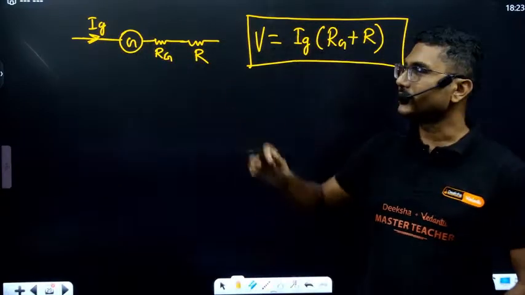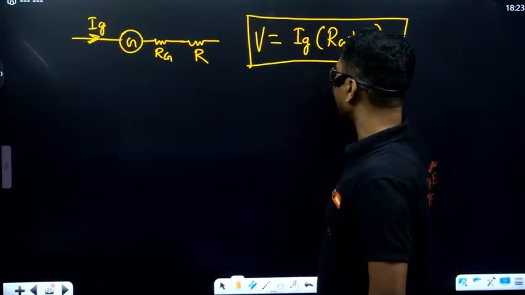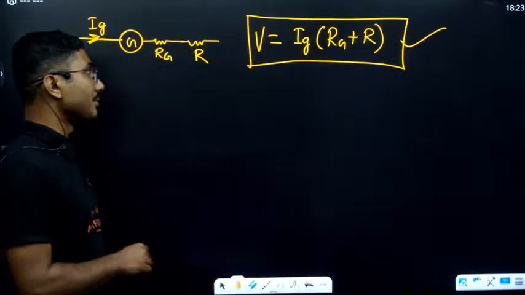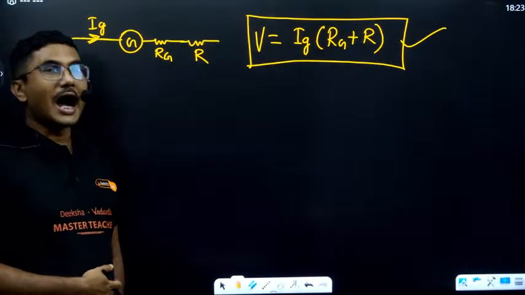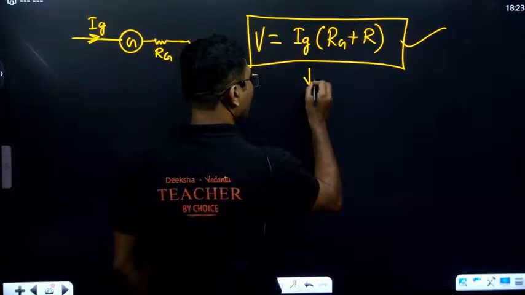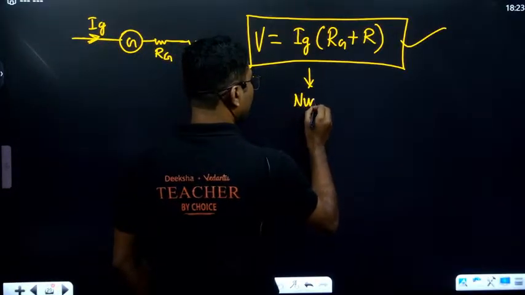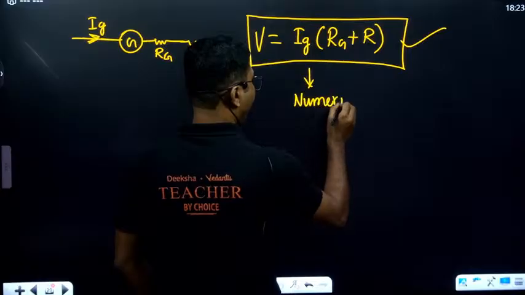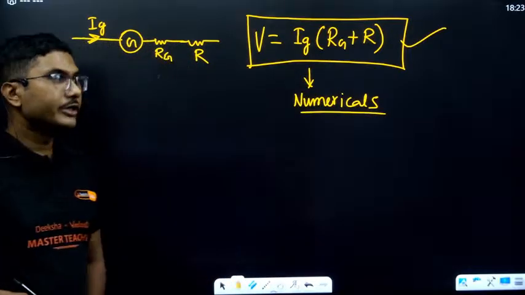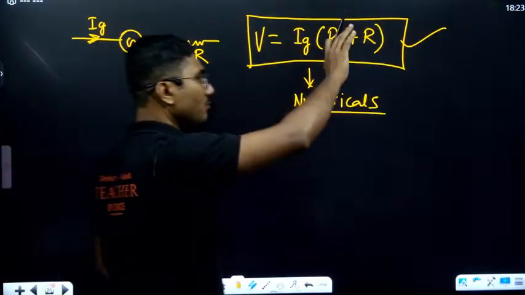You just need to connect something in series, and you also have to show the voltage that you are measuring. The measured voltage is given by V is equal to Ig into (Rg plus R). This is a concept from where we have seen a lot of short numericals in PUC as well as KCET, short numericals based on this single formula.